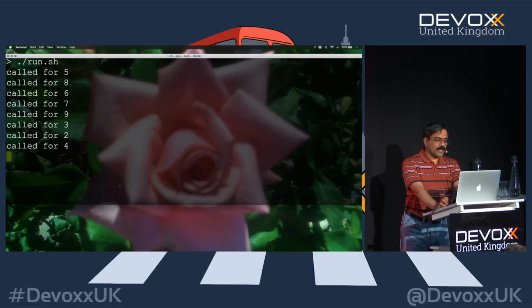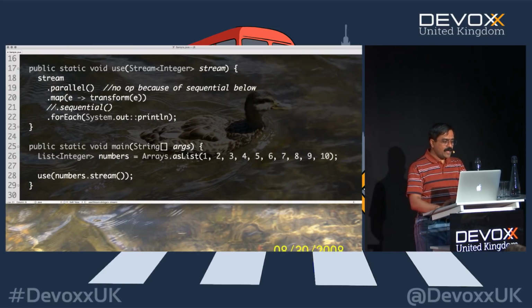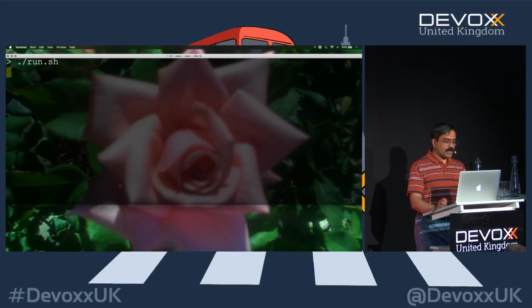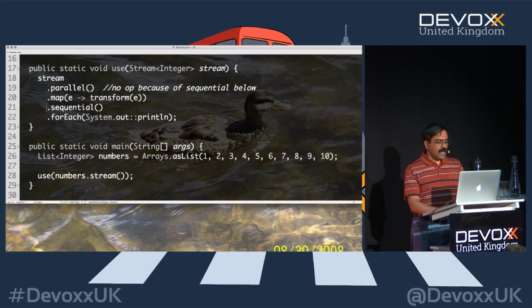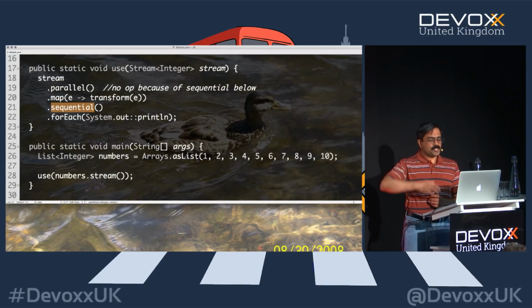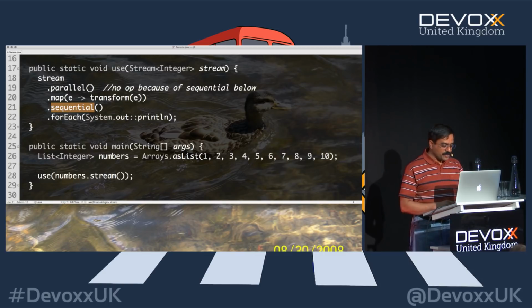So when I run this, you can see it ran in parallel, as you can see right there. On the other hand, if I said sequential, even though that's sandwiched between parallel and sequential, you can see that it's actually running sequentially, and that is because of the sequential taking effect, something you have to be very careful about. The streams in Java 8 do not have segments for parallel versus sequential.